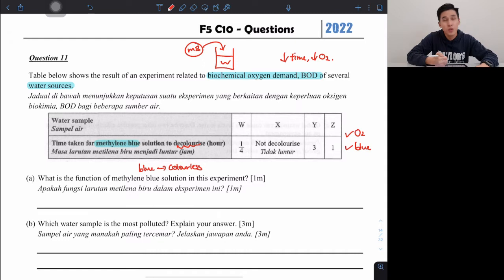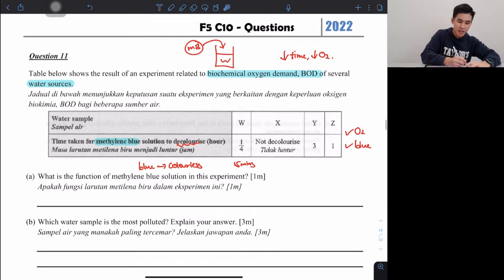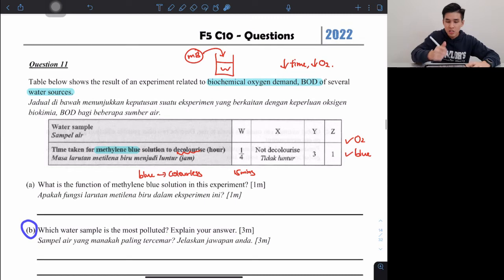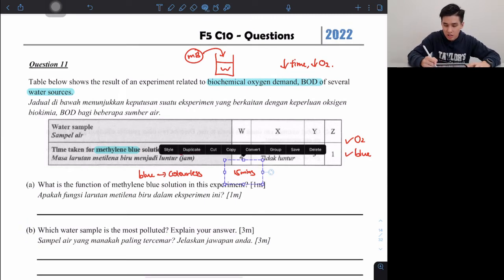no oxygen, no blue. So you can see between these 4 water samples, W is a quarter of an hour, which is 15 minutes, turns colorless the fastest because it got the least oxygen. That's why there's no blue color. So it's like briefly answering this question already. Which water sample is the most polluted? So actually, this one here got the least oxygen, means it's the most polluted.